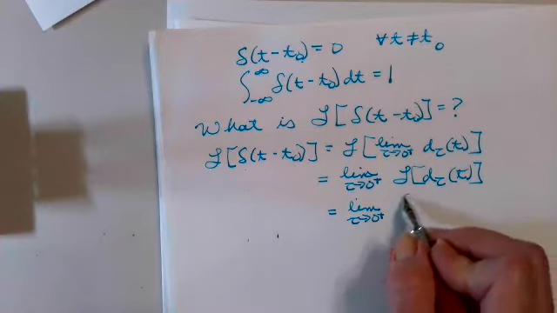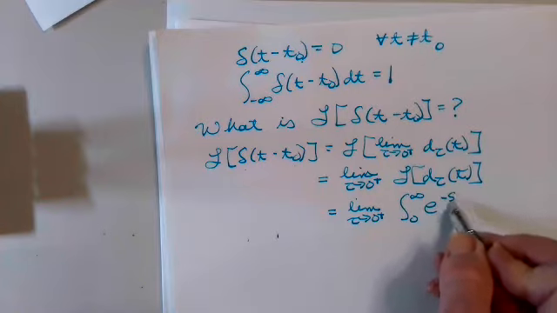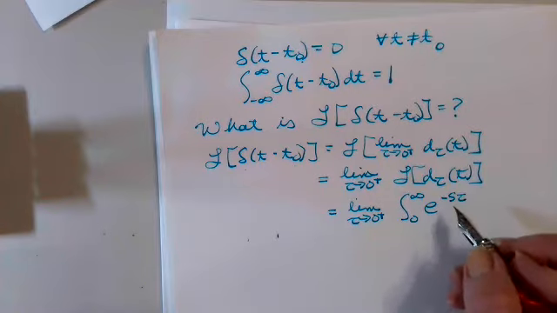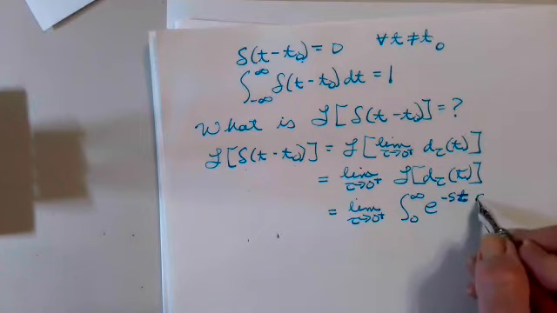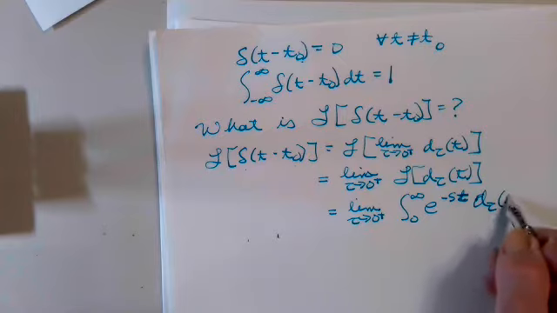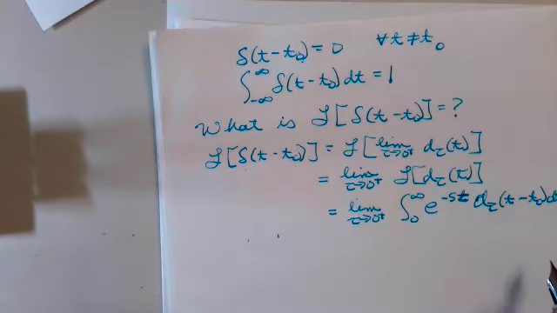By definition, this is the integral from 0 to infinity of e to the minus st times d sub tau of t minus t naught dt. All righty, so that's not real convenient for us.